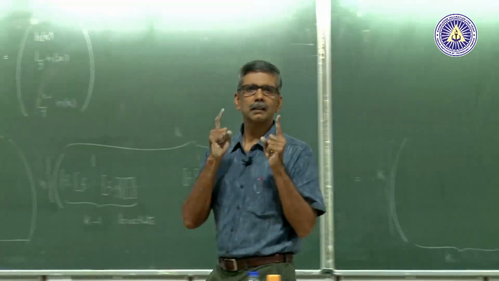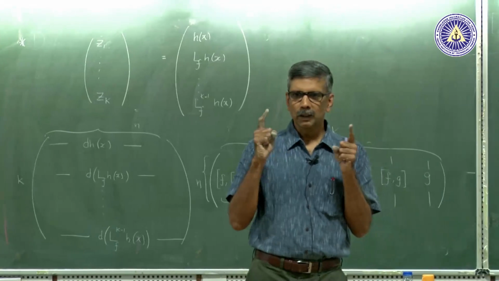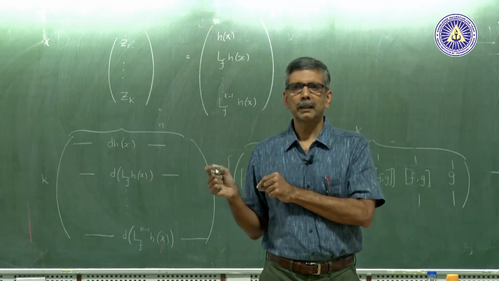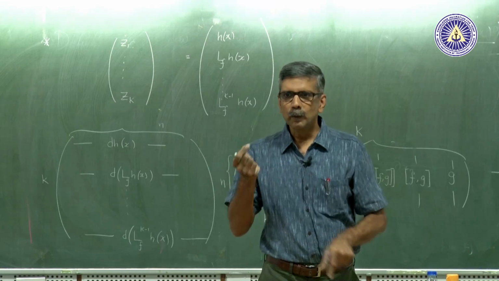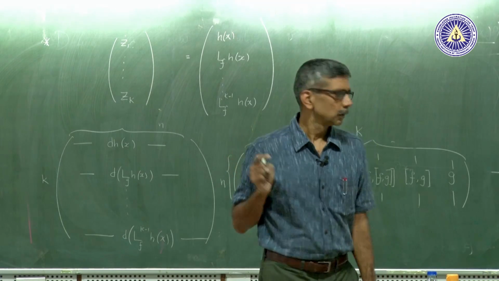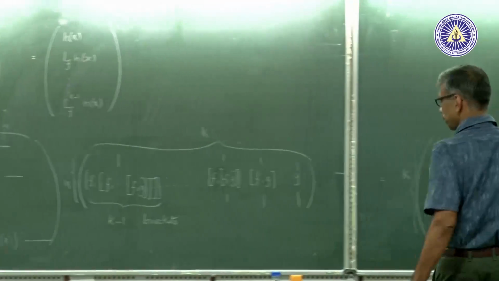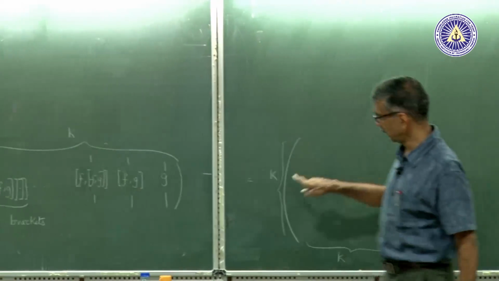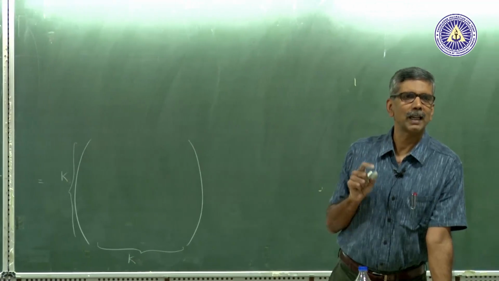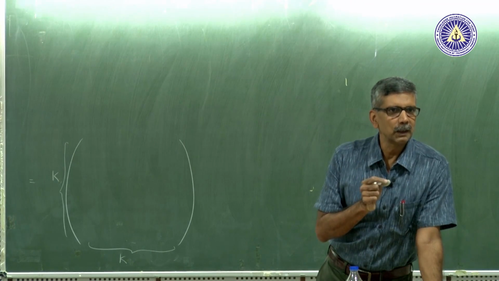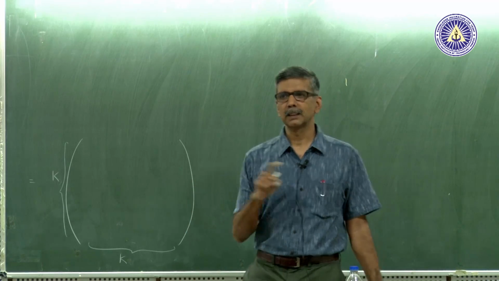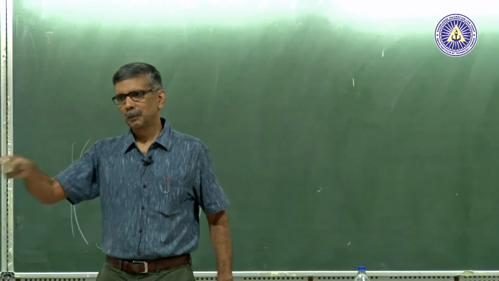Is that result clear? So I will show that this multiplication yields a matrix which has a non-zero determinant and therefore has rank k. Is the logic of my procedure clear?